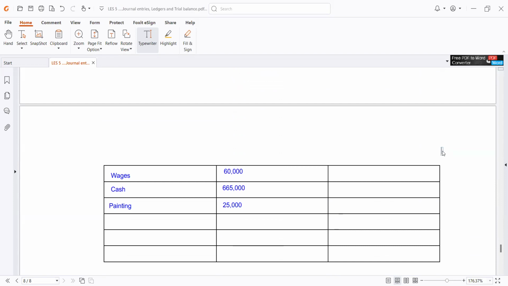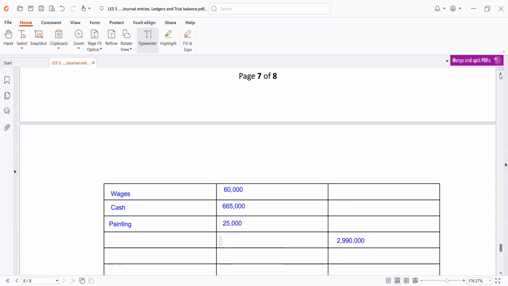I can truncate the figures and have it as 2,000 plus 400 plus 590. I get the total of 2,990. So that's what I'll record here, 2,990,000, like that.